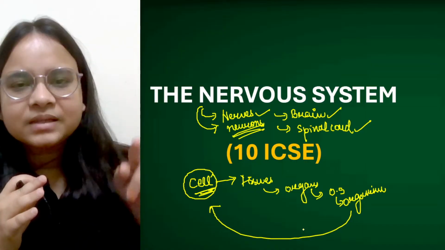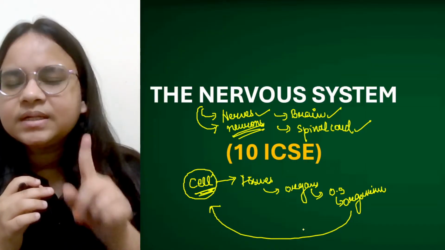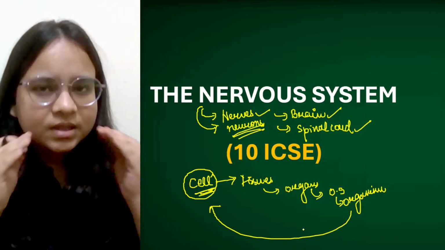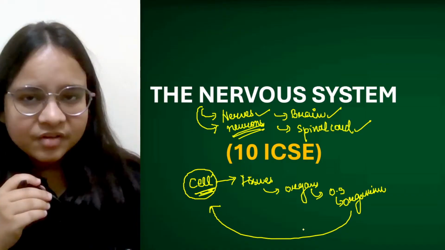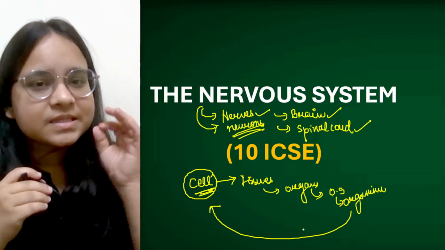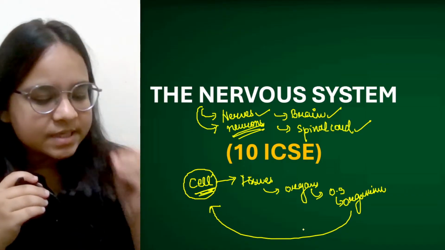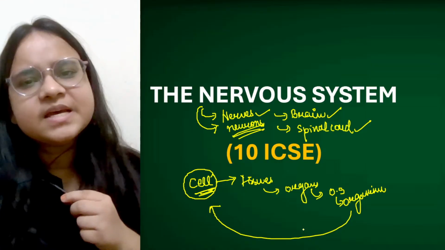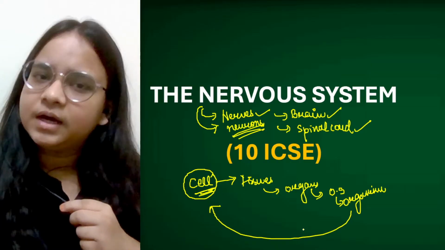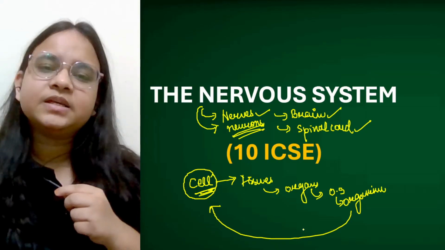But if you look back, then life has started from that one single cell. So any system, all the organs, all the tissues that you have inside our human body are nothing but made up of small cells, and different systems have different kinds of cells. Like for the circulatory system, the heart is made up of what?